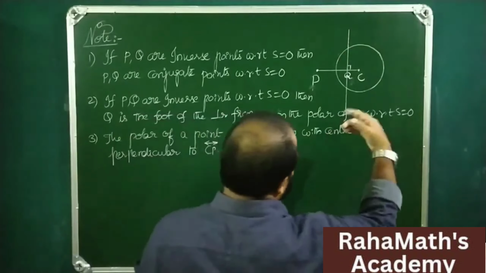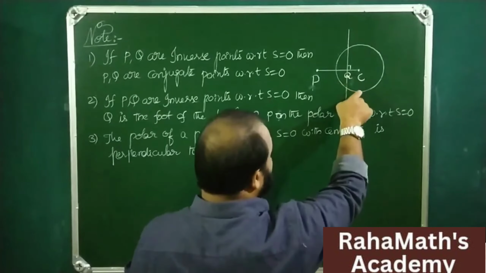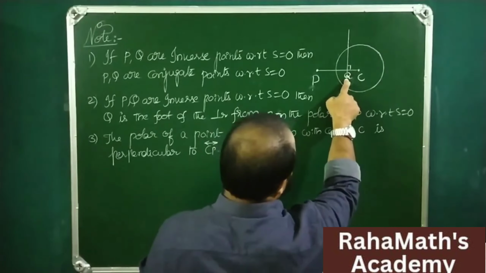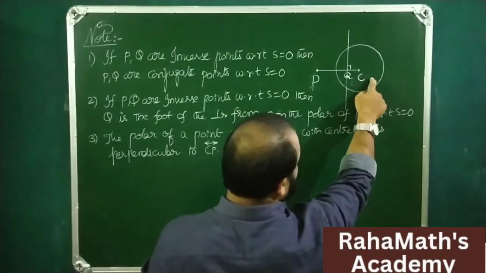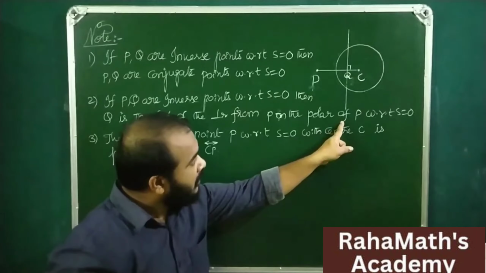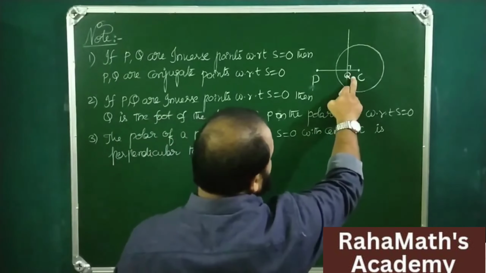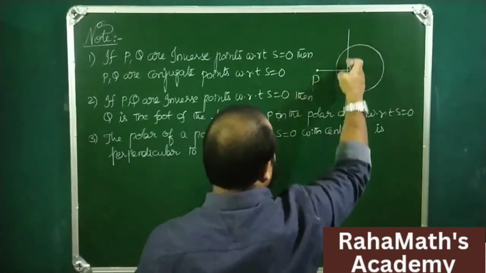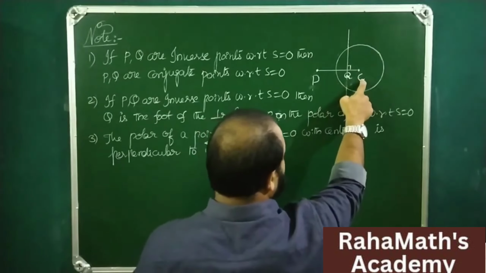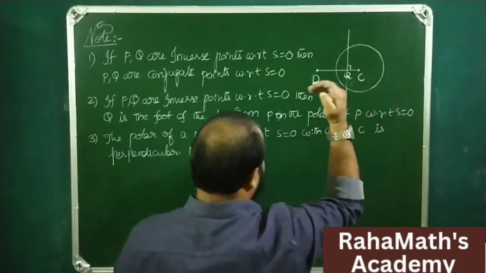Or Q is also the foot of the perpendicular from C, the center of the circle, to the polar. Of course, here it is not mentioned, but Q is the foot of the perpendicular of P on the polar, and also Q is the foot of the perpendicular of the center C on this polar.